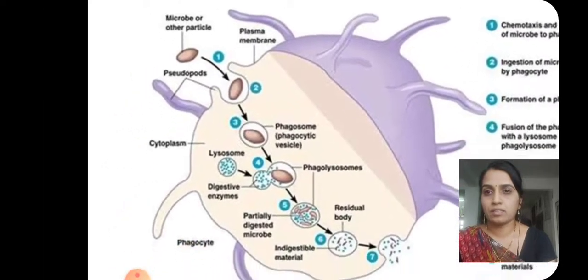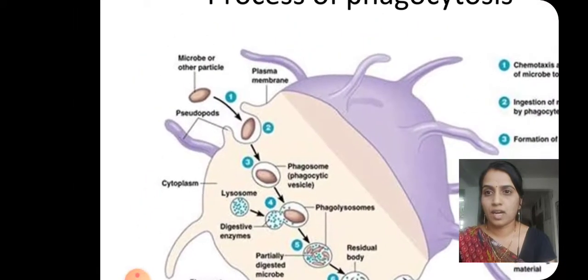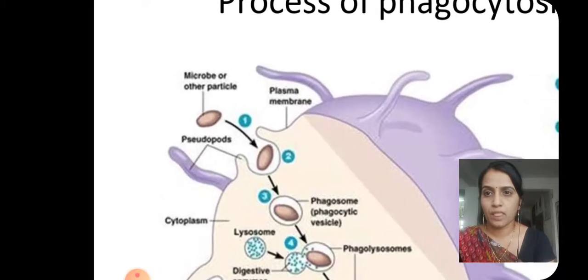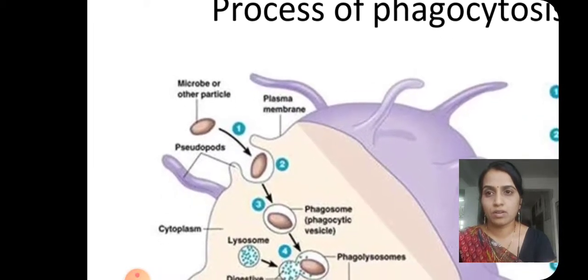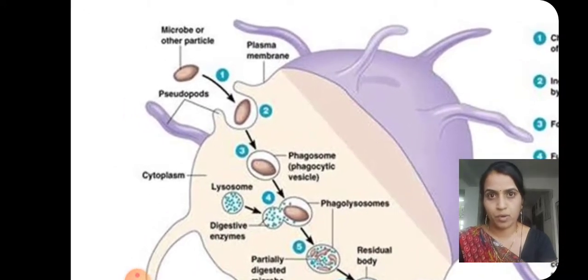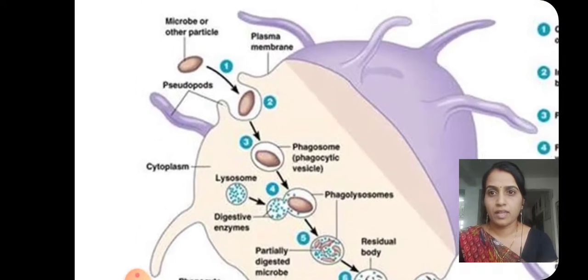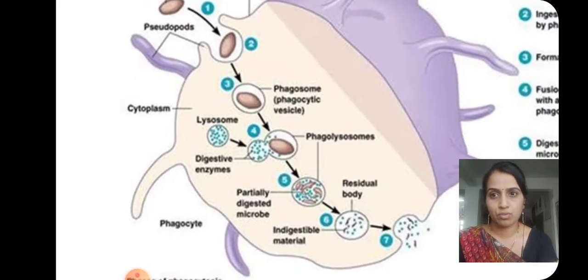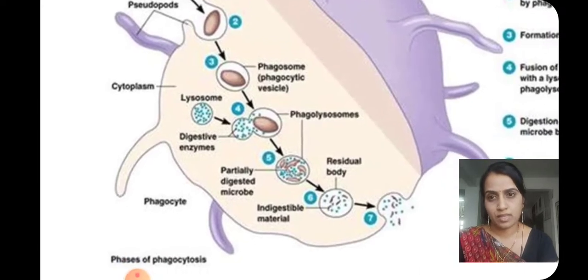Firstly, the phagocytes trap the microorganisms or foreign particles with pseudopodia. Then after taking them inside their body, they release the lytic enzyme from the lysosome, that is the digestive enzyme.